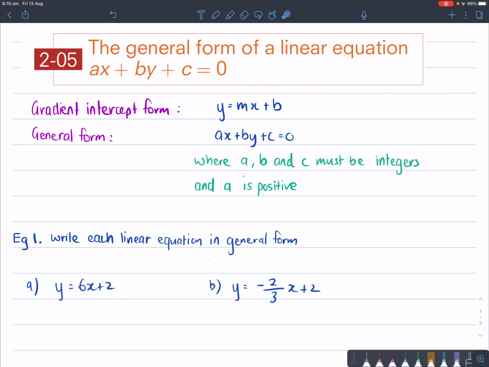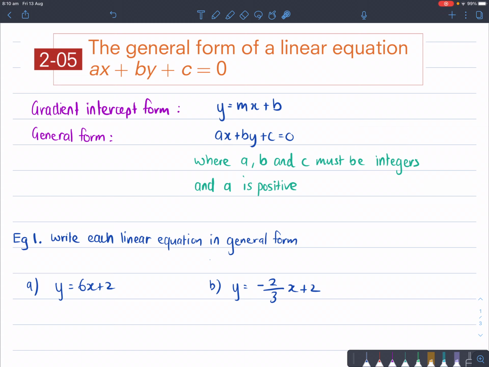Now, when we rearrange this equation later on, we're going to arrive at a form called the general form. The general form is expressed as ax plus by plus c equals 0, where these three numbers, a, b, and c, must all be integers. Integers are, remember, minus 1, minus 2, 0, 1, 2.